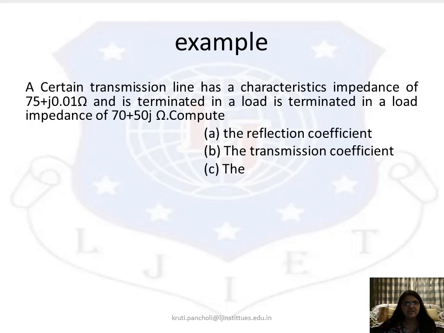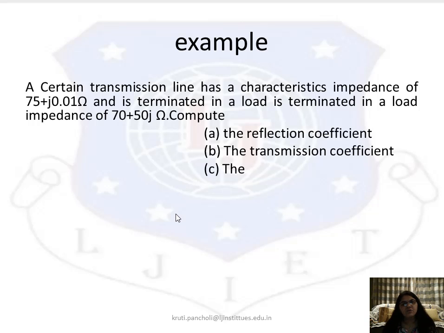Now an example about the reflection coefficient and the transmission coefficient. A certain transmission line has a characteristic impedance Z0 of 75 plus J 0.01 ohm and is terminated in a load impedance of 70 plus 50J ohm.